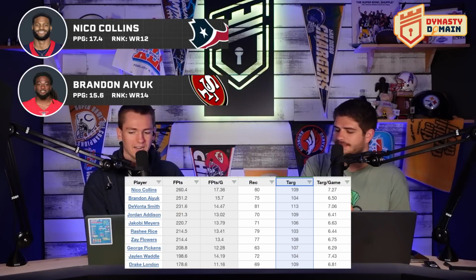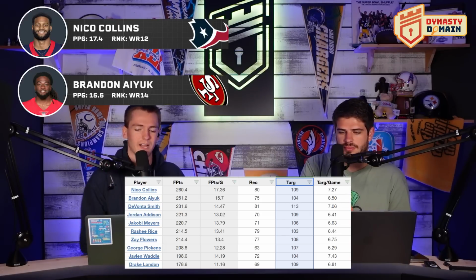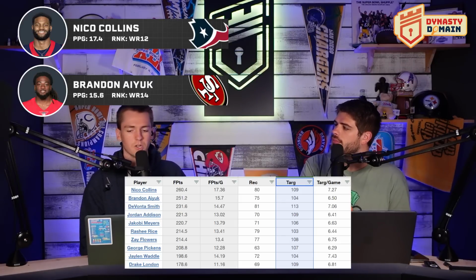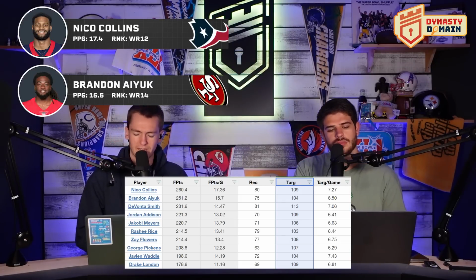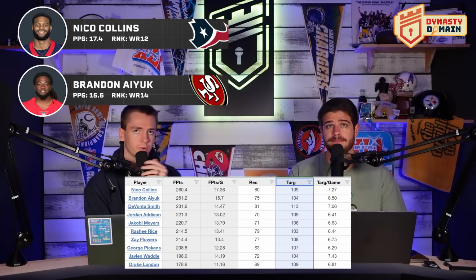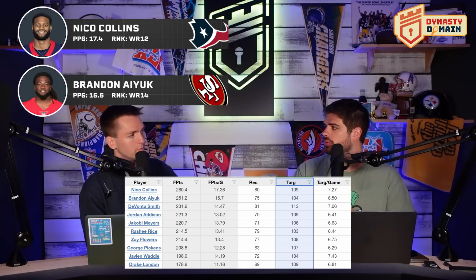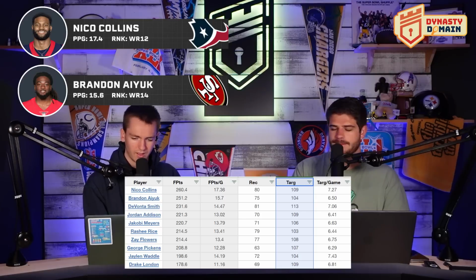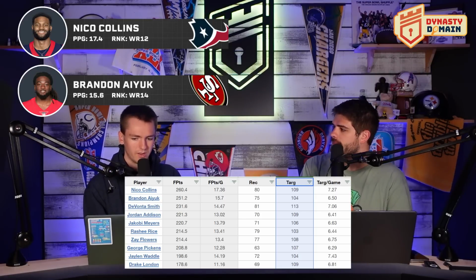He had 109 targets, 80 receptions, 1,200 yards, for almost the same amount of yards per reception, but a little bit less. So we were looking at these guys, and we were like, these targets aren't elite. In fact, they're below average of what you'd expect for guys producing at the level that they were able to in 2023.